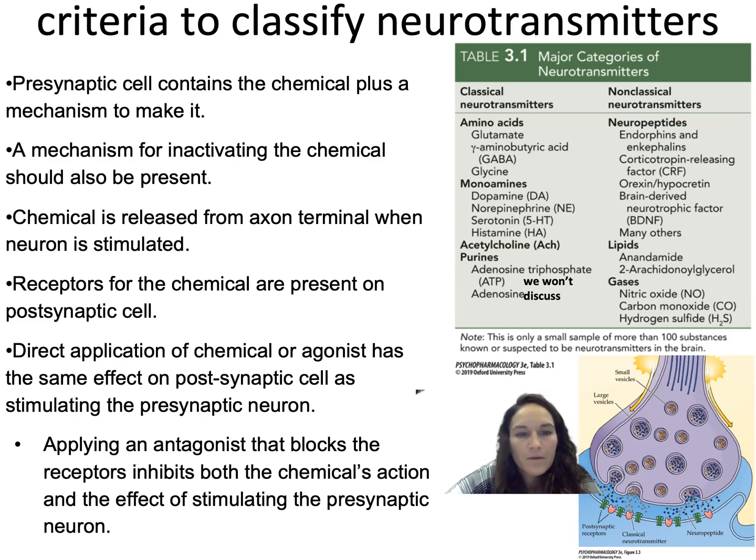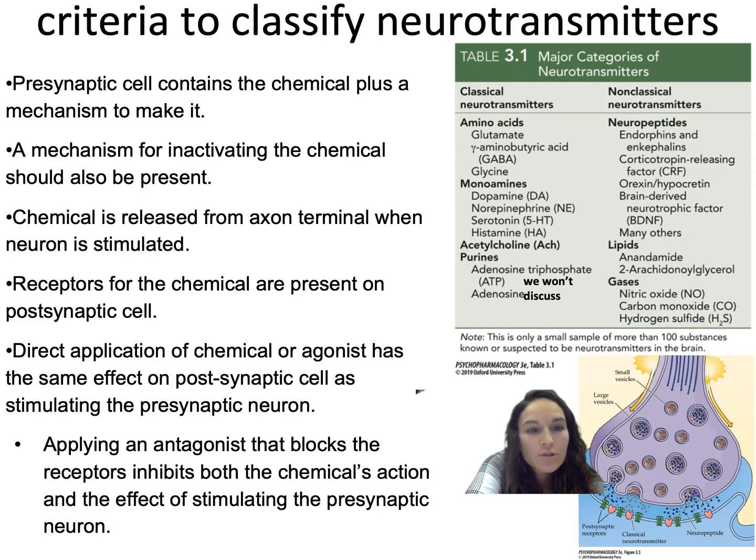And so how do we actually qualify a compound as a neurotransmitter? The presynaptic cell has to contain the chemical plus the mechanism to make it. So it can't just be something that it picks up and spits back out. The cell is going to have to make it itself and then secrete it. There should also be a mechanism for inactivating this chemical. The chemical must be released from an axon terminal where the axon is stimulated.